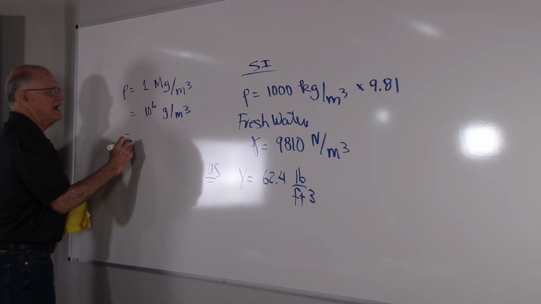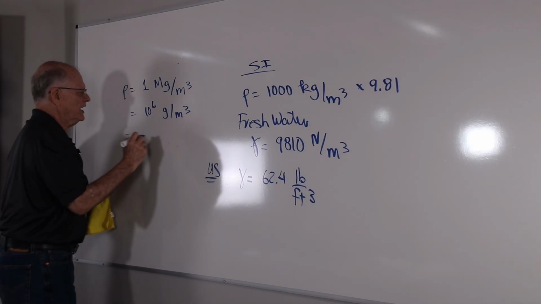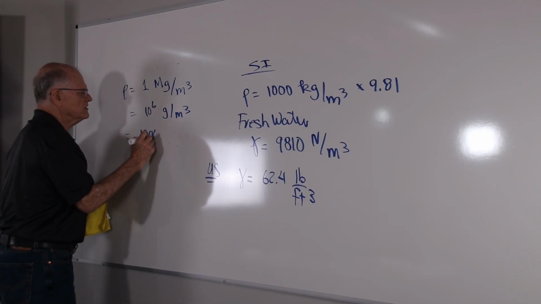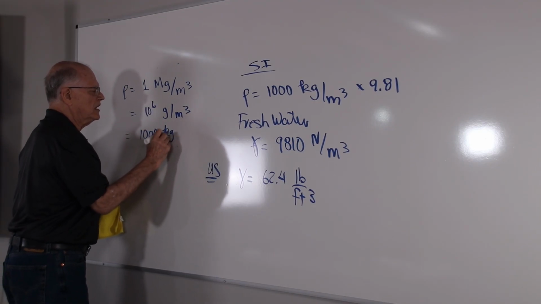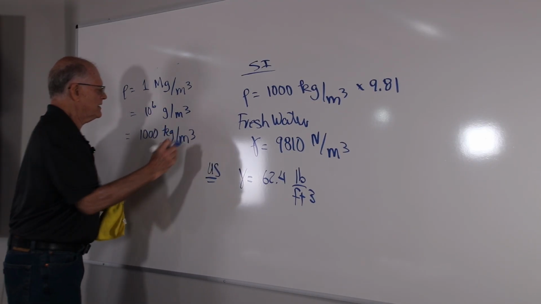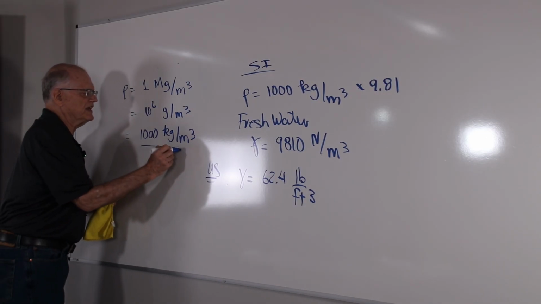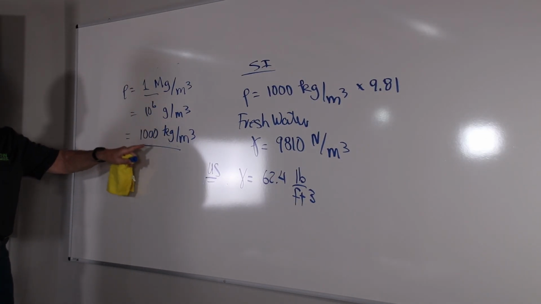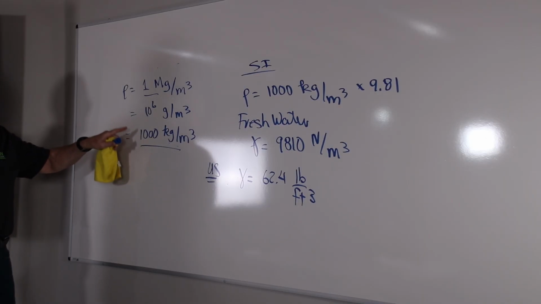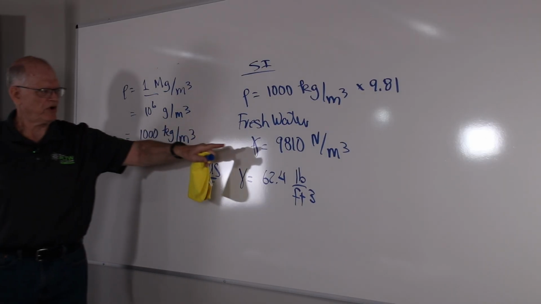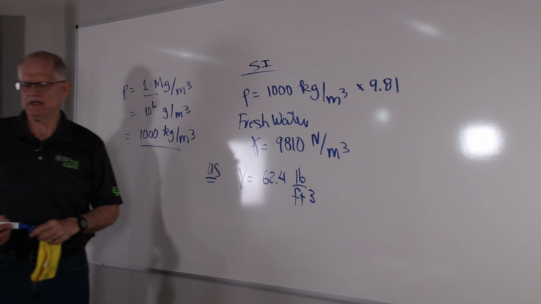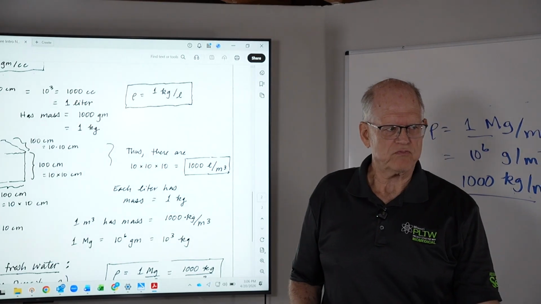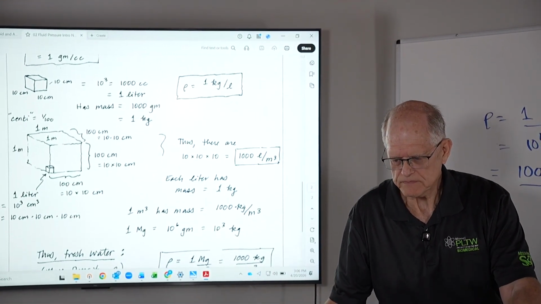But that's basically the same thing as 1,000 kilograms per cubic meter. And so I much prefer this over this. But if you're given that, you have to convert to this. And then again, multiply that rho times 9.81 to get 9810. So that's rho and that's gamma.